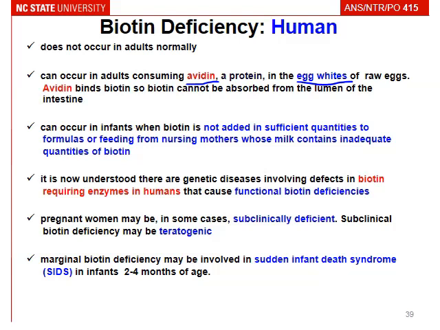That is usually going to be primarily coming from an inadequate amount of biotin in formulas, or the mother having low milk, or those infants may actually have one of these genetic diseases requiring higher amounts of biotin for them to overcome their deficiencies in making the proteins and receptors to absorb it.